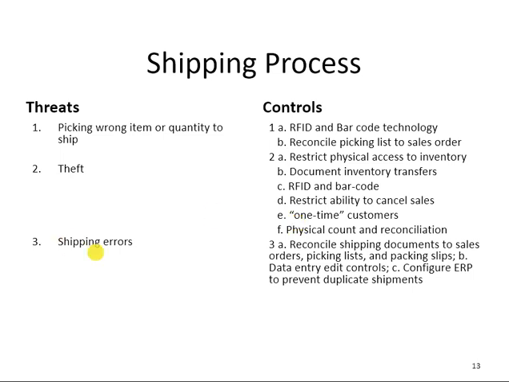Shipping errors. Controls dealing with shipping errors include reconciliation of shipping documents to sales orders, picking lists, and packing slips. We also have data entry edit controls and configuring ERP systems to prevent duplicate shipment.